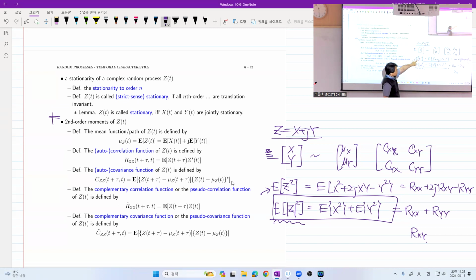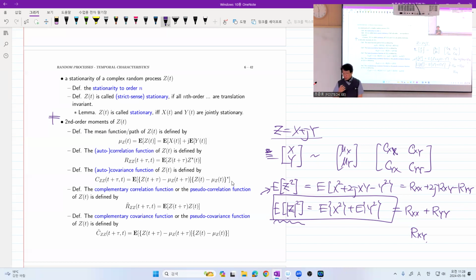Now, interestingly, if you add the two real parts, what happens? Just take a look at the real parts only, and you add up. You have 2 times the second order moment of the real part. If you take the real parts and subtract them, you have 2 times the imaginary part's correlation. What if you take the imaginary part of this second order moment? You have 2j times the cross correlation.